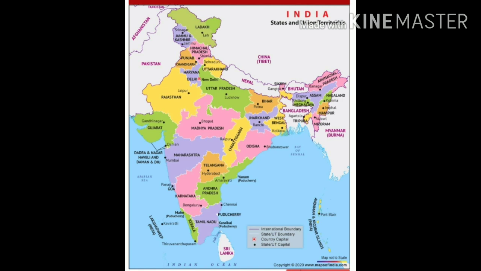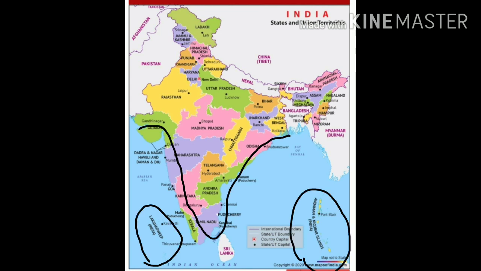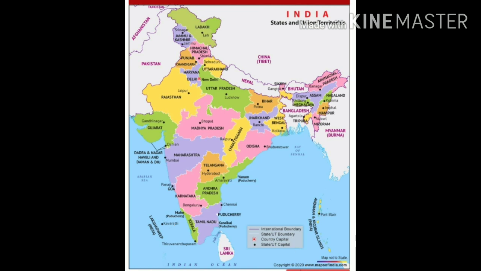Here I am saying total length of the coastline of the mainland, means this part, including Lakshadweep Island and Andaman Nicobar Island, is 7,516.6 kilometer. Remember this one also.